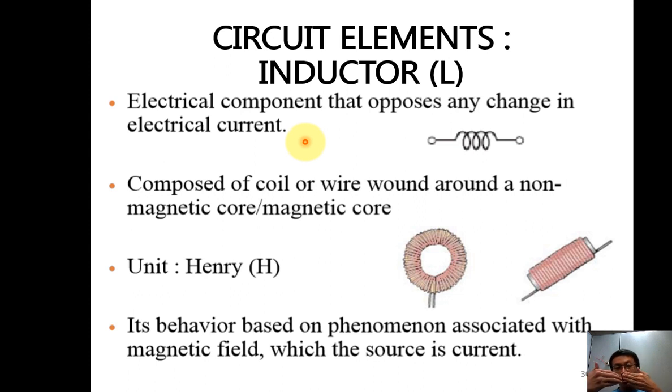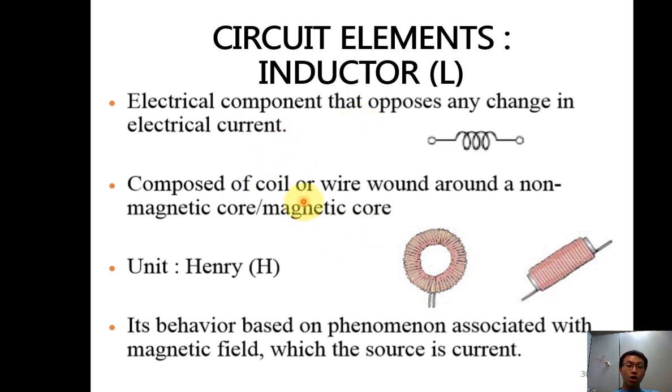But when the current comes into the inductor, it says, hello, I want to increase your current. So the inductor will say, no, no, no, I will try to reduce your current. That's why we call it the electrical component that opposes, or doesn't want to let it go through, but in fact it will go through, any changes in electrical current.